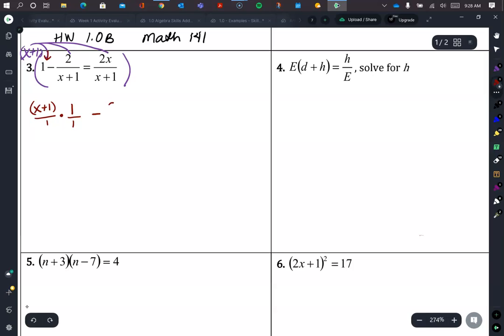And then I have 2 times x plus 1 over the denominator x plus 1, and then equals the 2x times x plus 1 that I'm distributing here over this denominator x plus 1.